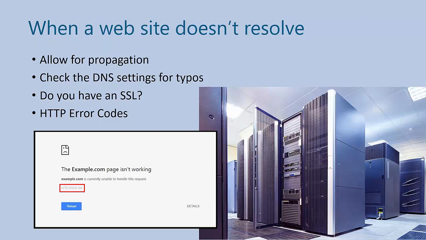You could Google these HTTP errors if you feel so inclined, but typically you would go back to your hosting provider and just explain the issue that's happening, and then they would go through and troubleshoot it and fix it, and then come back to you and let you know everything's fine. So most of these issues lie within the host itself. So if your client's having an issue with their website resolving, typically they're going to have to go back to their host and talk to them about it.